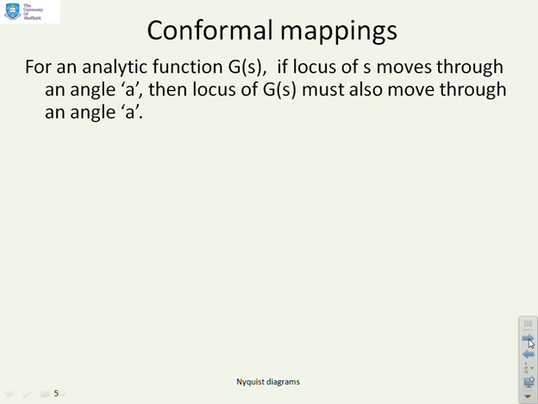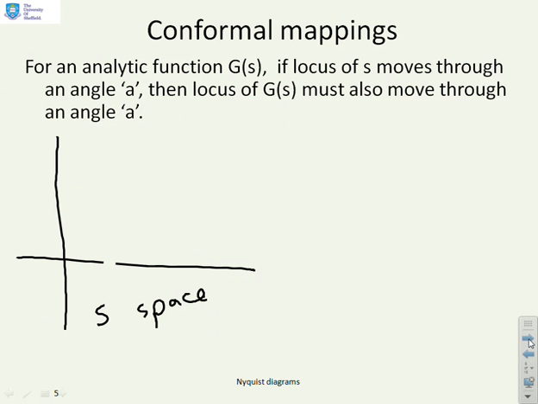Next, we need to look at something called conformal mappings. That's a property we're going to use. First of all, I'm going to put s space down here, and I'm going to imagine a particular trajectory in s space doing this, and then I'm going to put a corner in.